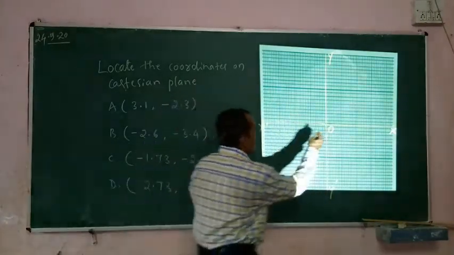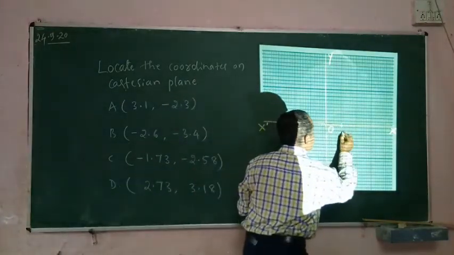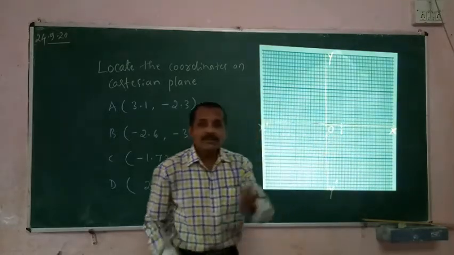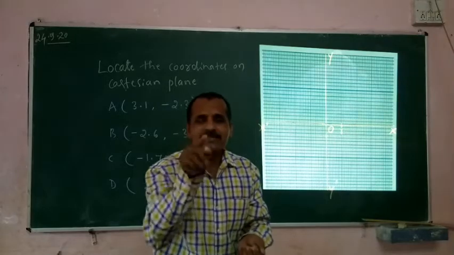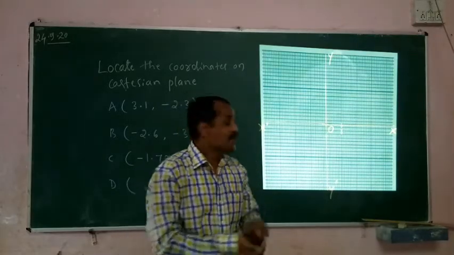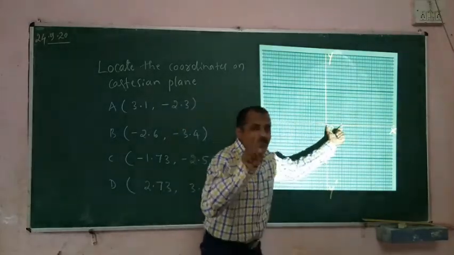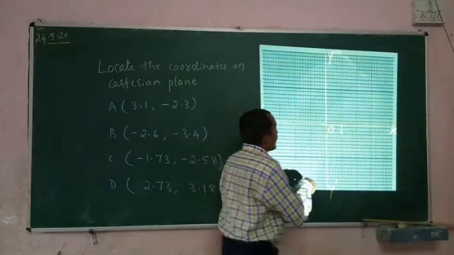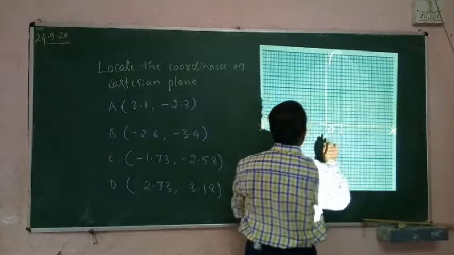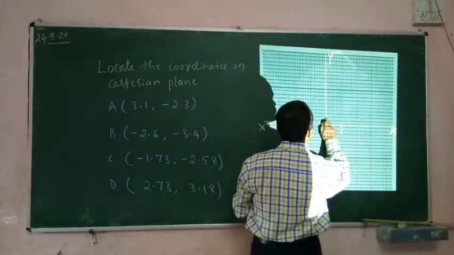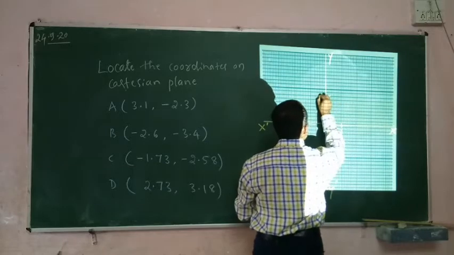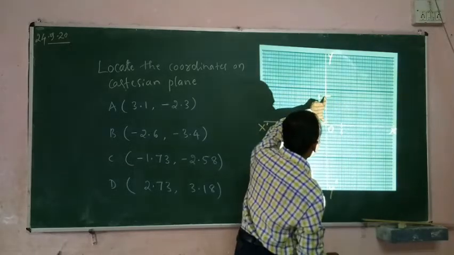See, this is 0 and this is 1. In between 0 and 1, there are 10 lines. They are called millimeter lines. This distance is 1 centimeter. This distance is also 1 centimeter.